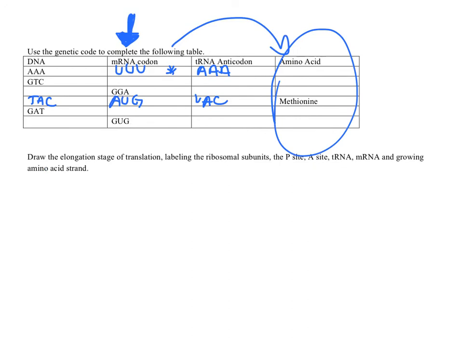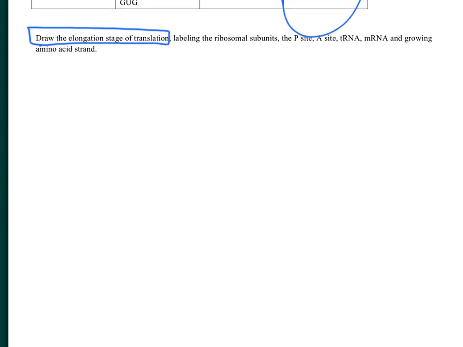The more important question on this page for me is the elongation stage of translation. I'm going to use this space to do a brief review of all of transcription and translation, and then I'll point out the answer to this particular question. So, remember, we start with our central dogma of biology.